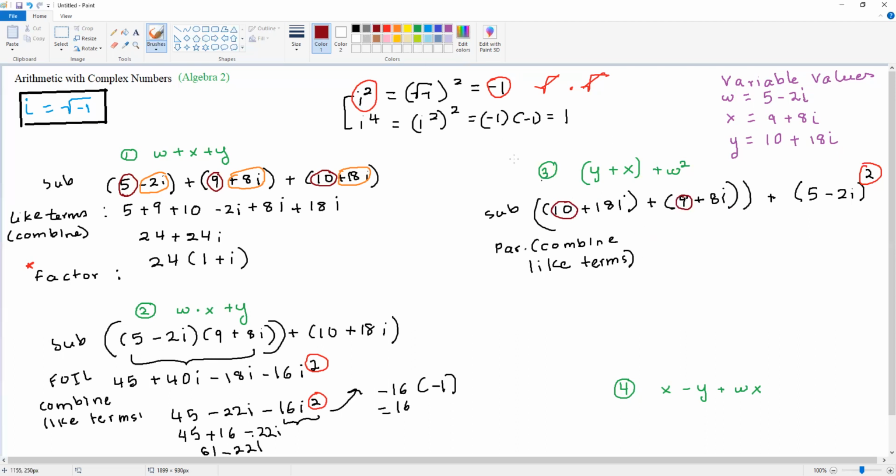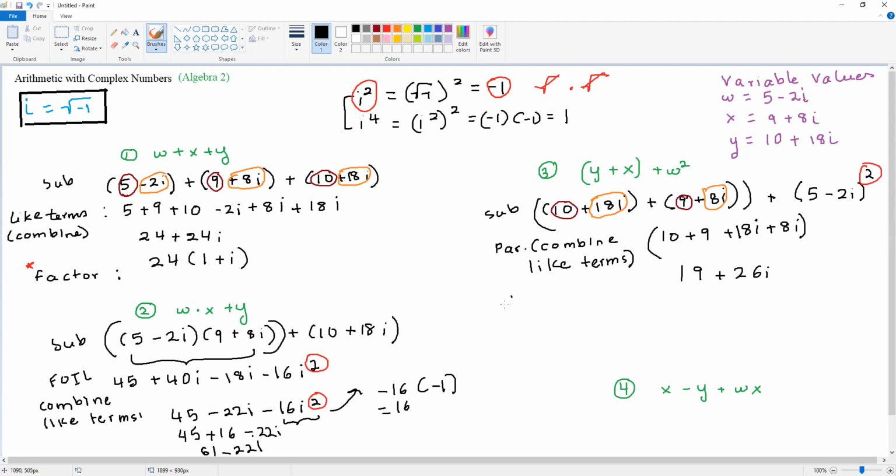So that would be 10 plus 9 plus 18i. Because it's the same variable, we can combine those plus 8i's, right? I'm going to circle that in orange just so I know. Like this. Okay. So that's going to be 19 plus 26i. Right? Okay.